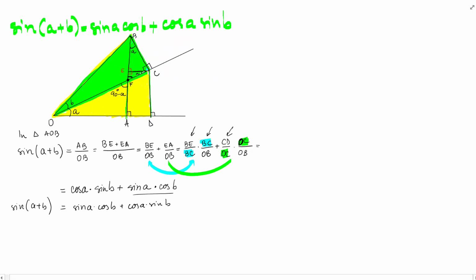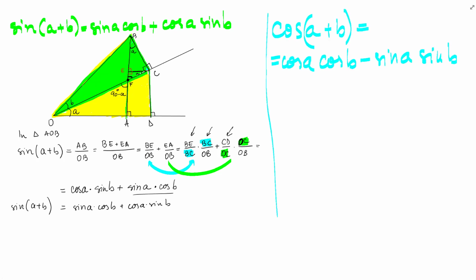Now looking at the same picture, let's try to prove the cosine A plus B. So cosine A plus B, we know that the formula is cosine A cosine B minus sine A sine B, but where are they coming from? So let's start with cosine A plus B. In the right triangle OAB, cosine of A plus B is OA over OB.